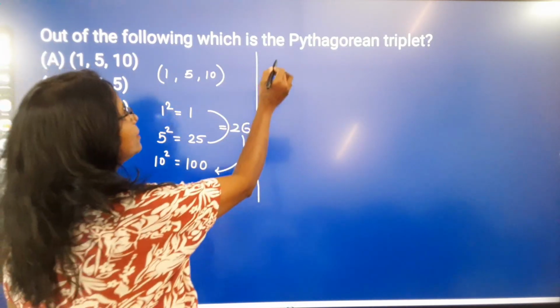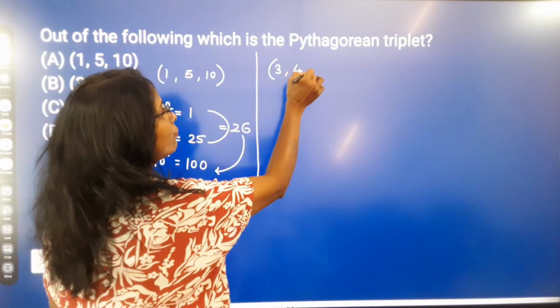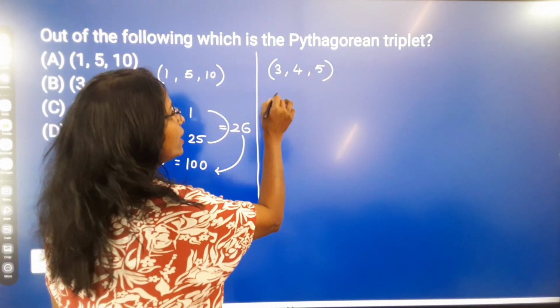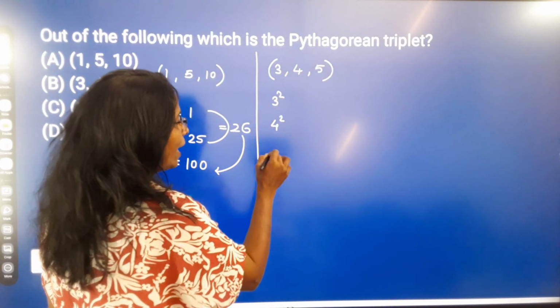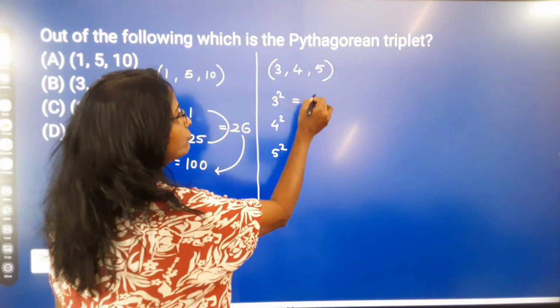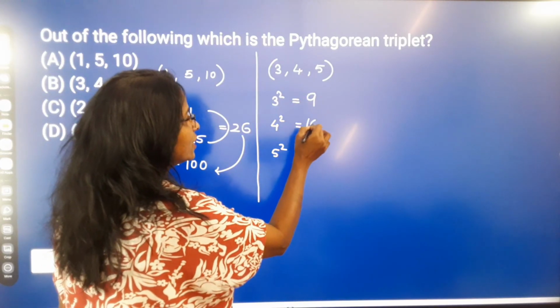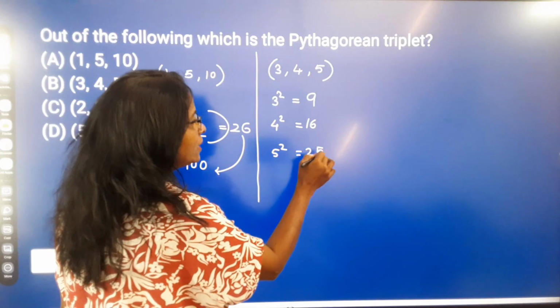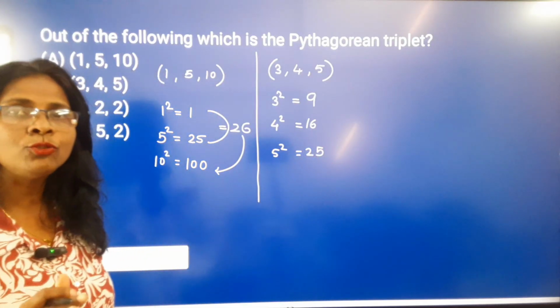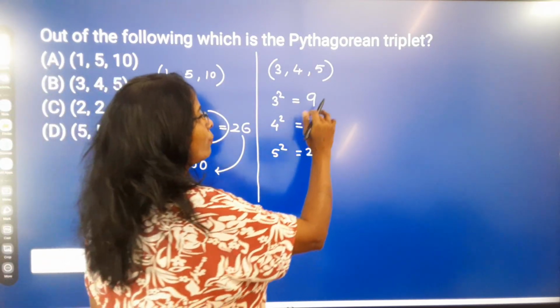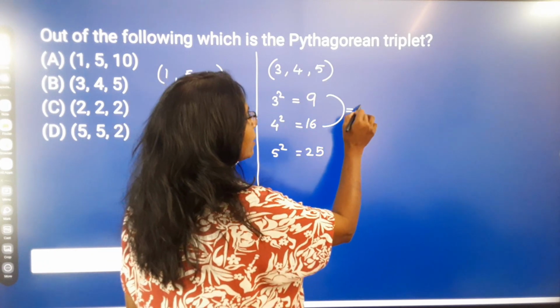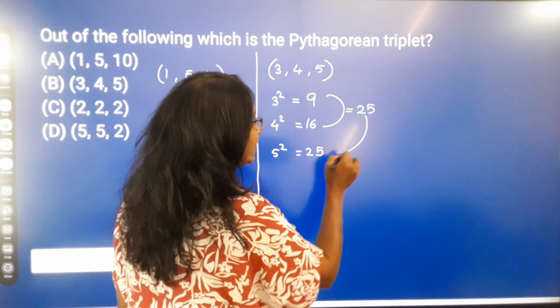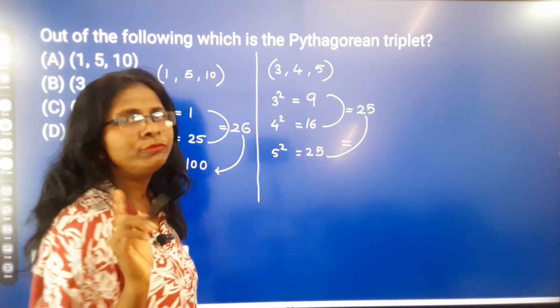Now take the second triplet, 3, 4, 5. Square of 3 is 9, square of 4 is 16, and square of 5 is 25. If you add the squares of the smaller numbers, 9 plus 16, it is equal to 25, which is equal to the square of the third number.